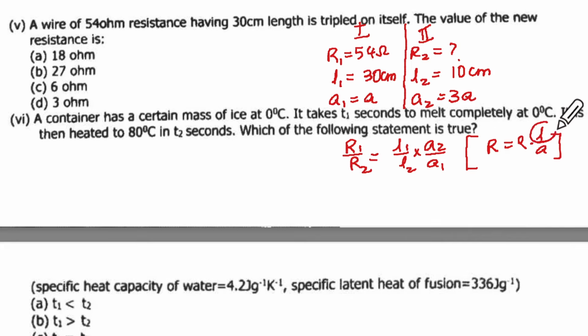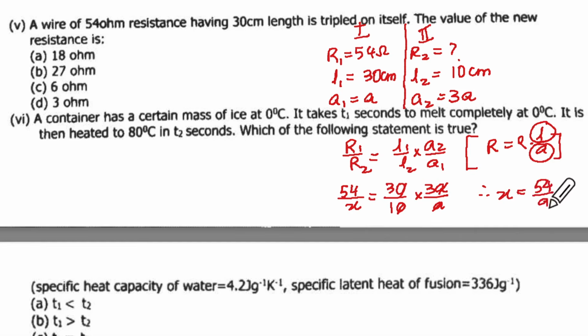So directly proportional to length and inversely proportional to area of cross section. You understood this part, right? So 54 upon X is equal to 30 upon 10 into 3A upon A. So X is equal to, X comes here and 9 goes there. So 54 upon 9 means how much?